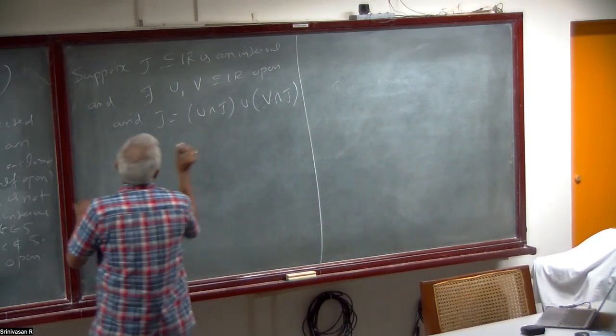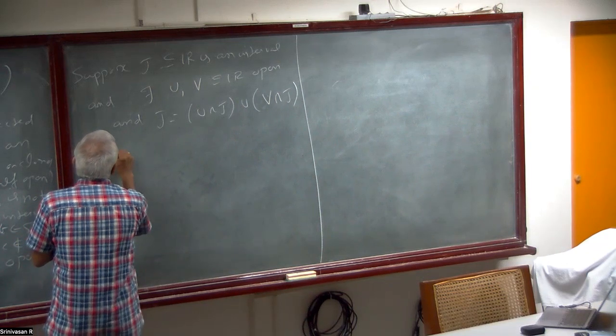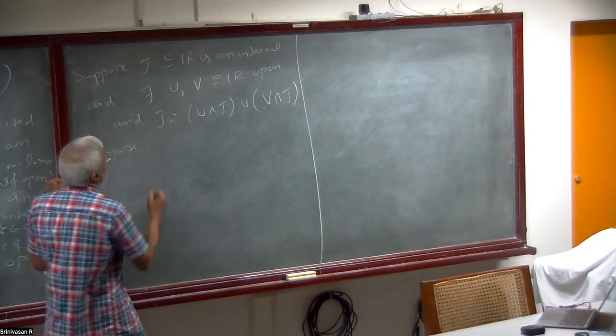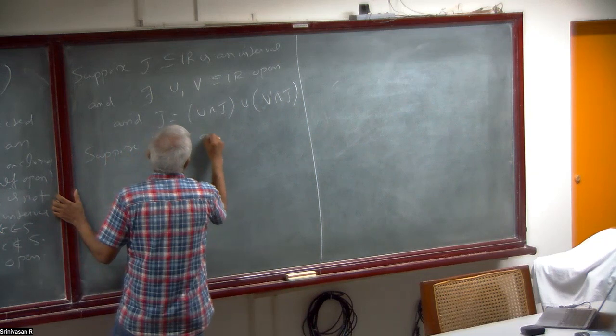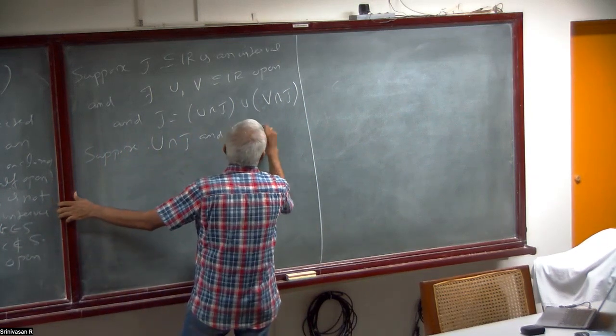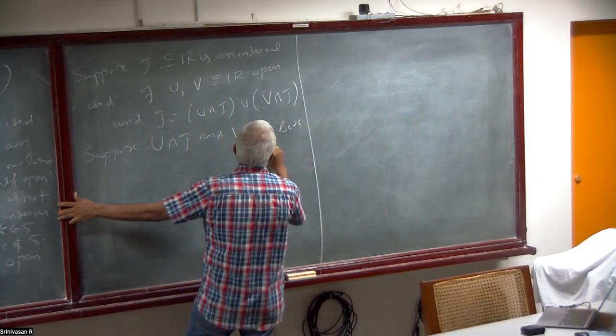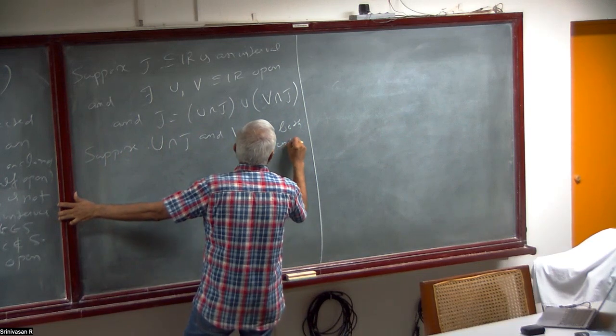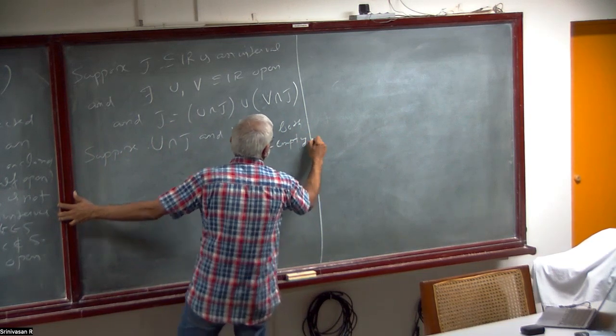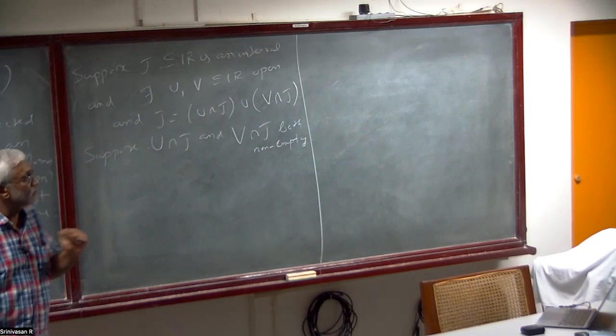Suppose the other way, suppose U intersection J and V intersection J are both non-empty.